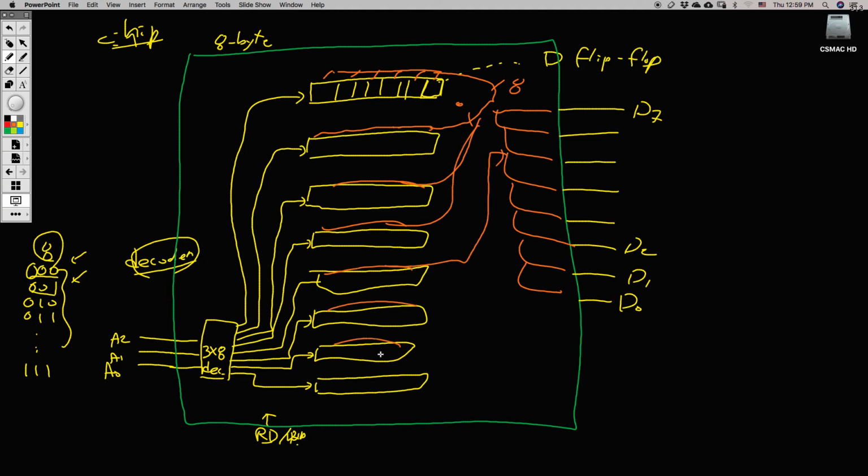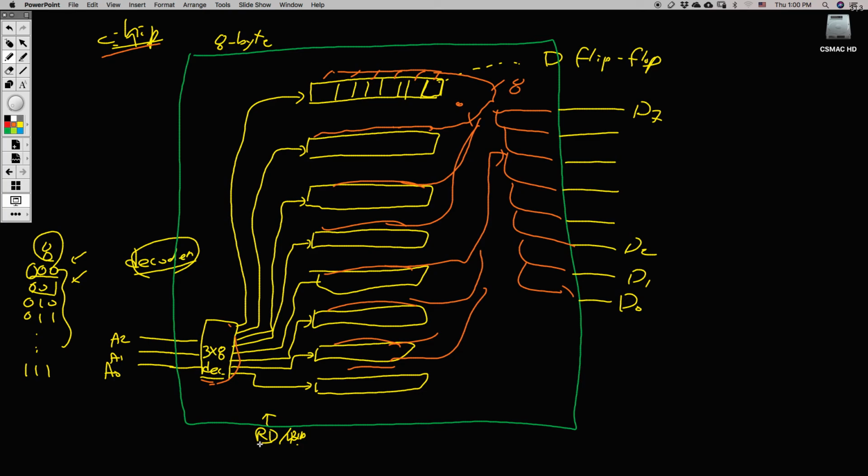All of those are actually connected to the 8 D lines. So that's the internal structure of a memory chip. Suppose it's 8 bytes. Each byte has 8 bits, and each bit is a D flip-flop. Then we need to select one of the 8, so we need a decoder of corresponding size.